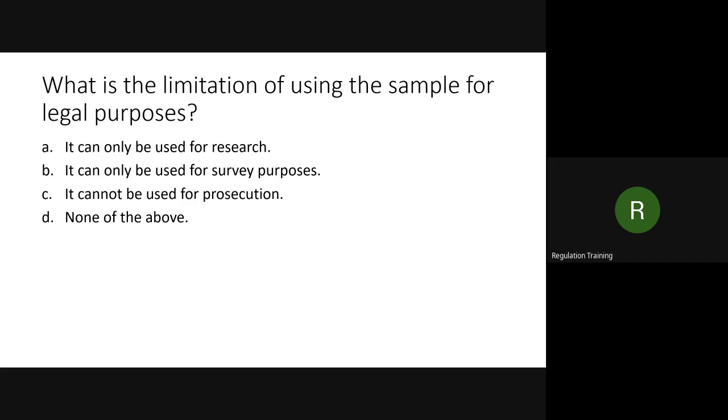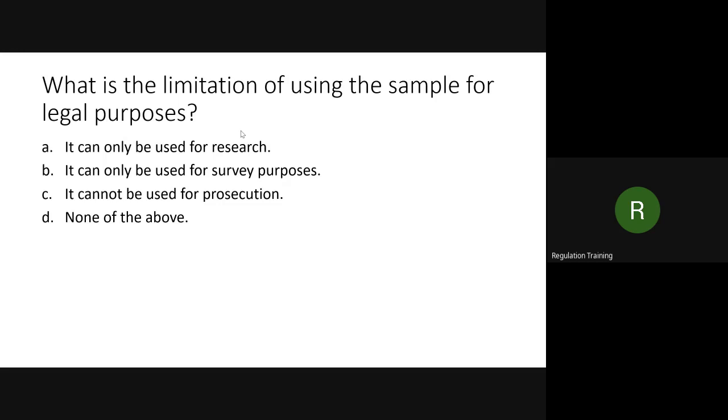So the answer is, few of you are saying C, few of you are saying D. Now, what is the limitation of using the sample for legal purpose? Limitations means what you can do with the legal samples. That is the purpose. Now you are saying C, so it cannot be used for prosecution. Why?